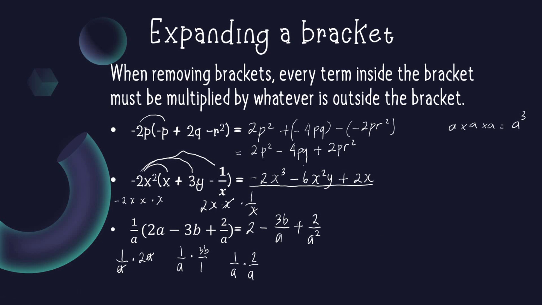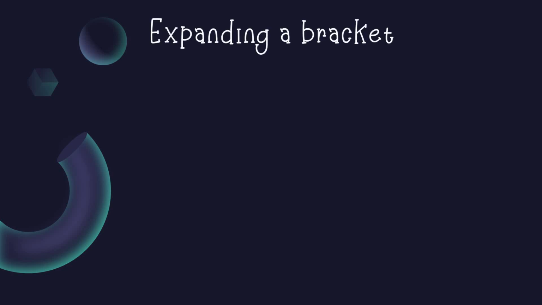Okay, we will continue for the next example. We have this one. So we are going to continue this one first. And then we need to simplify with this one. So 3 times 2a, that is 6a. 3 times 3, that is 9.